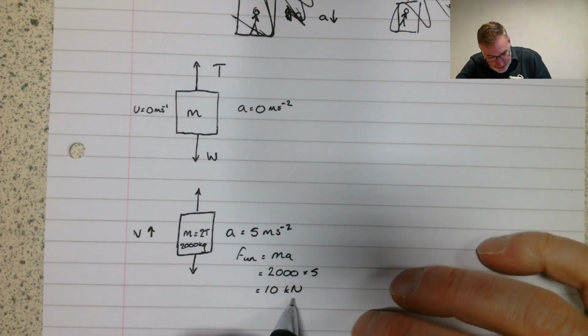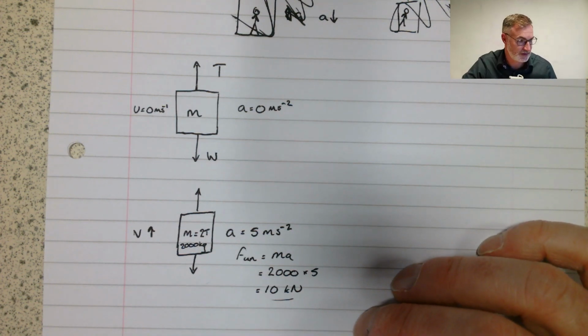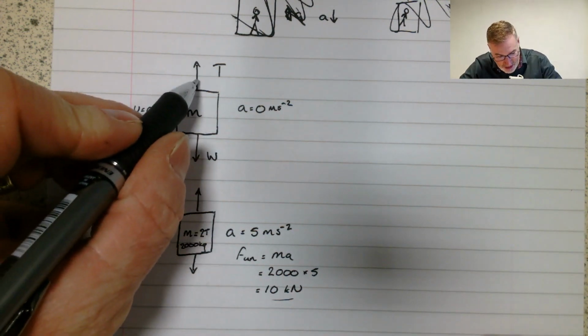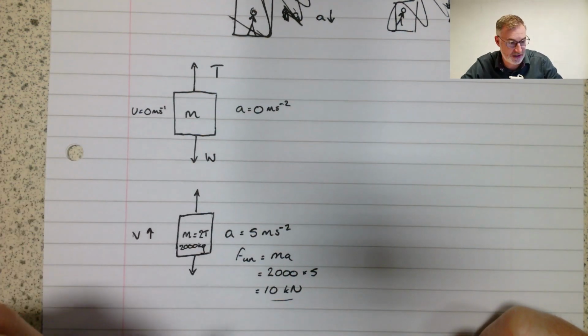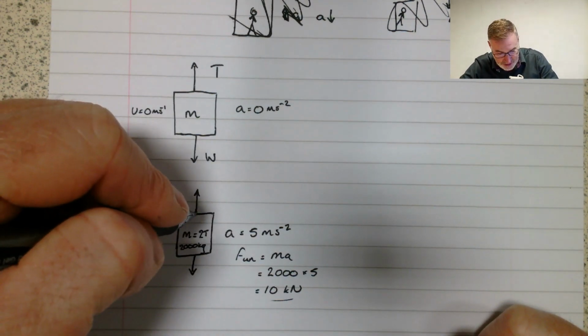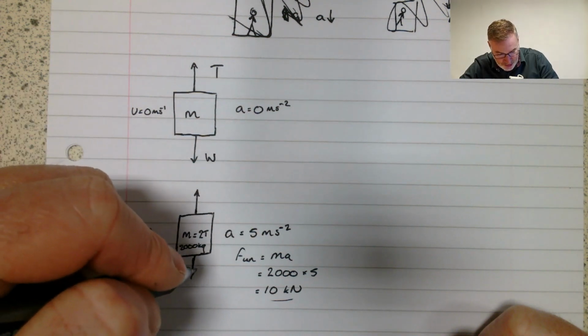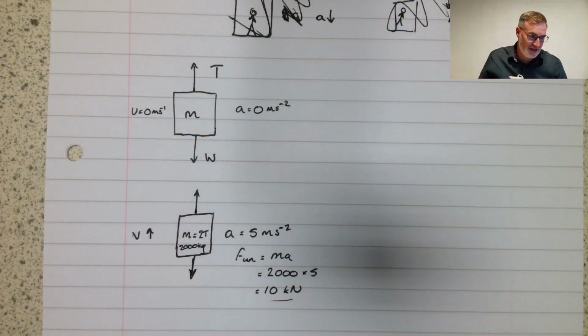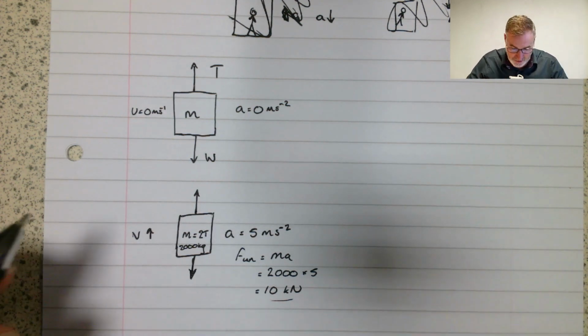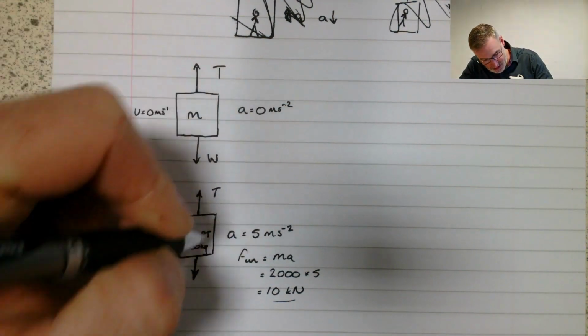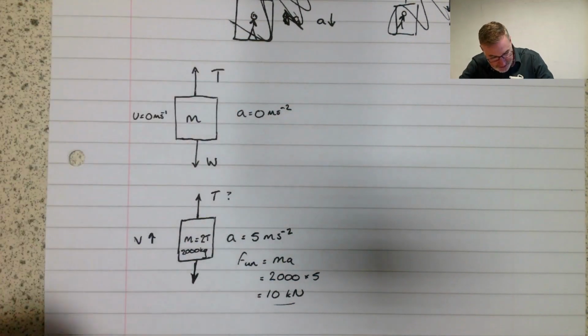So we've got an unbalanced force of 10 kilonewtons. Now remember, these do not represent the unbalanced forces. These are the actual forces. Unbalanced forces are kind of a resultant of separate, real forces. Now, what's our tension? That's what we're trying to find out here.